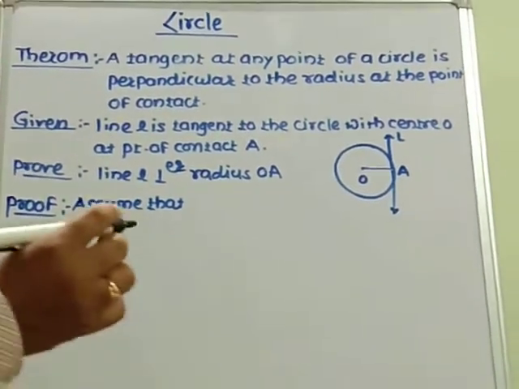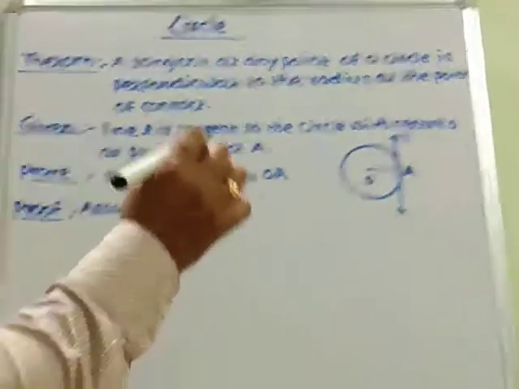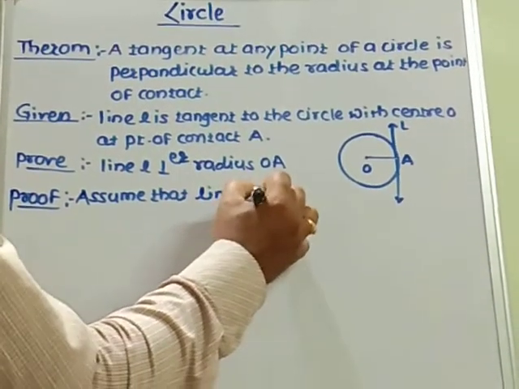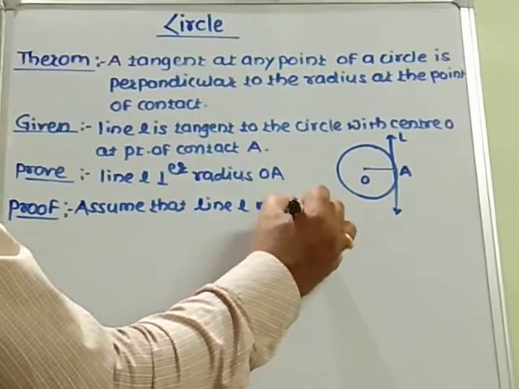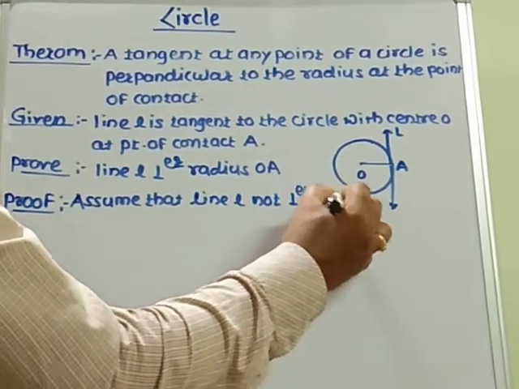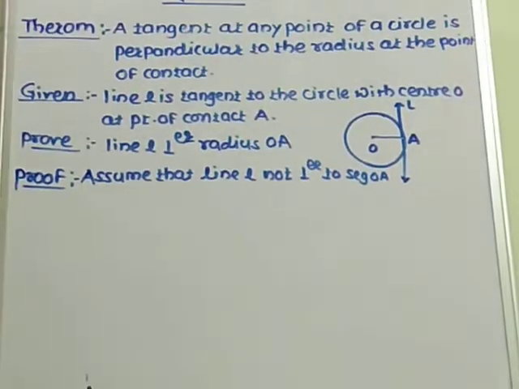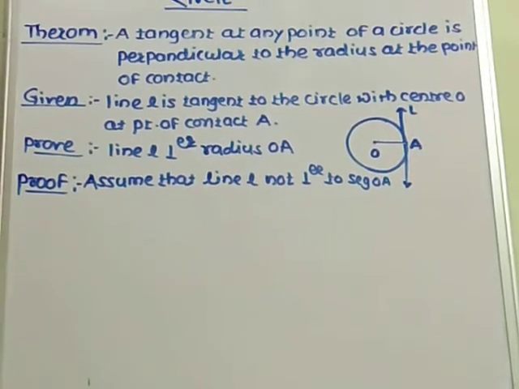Assume that line L is not perpendicular to OA, the radius.